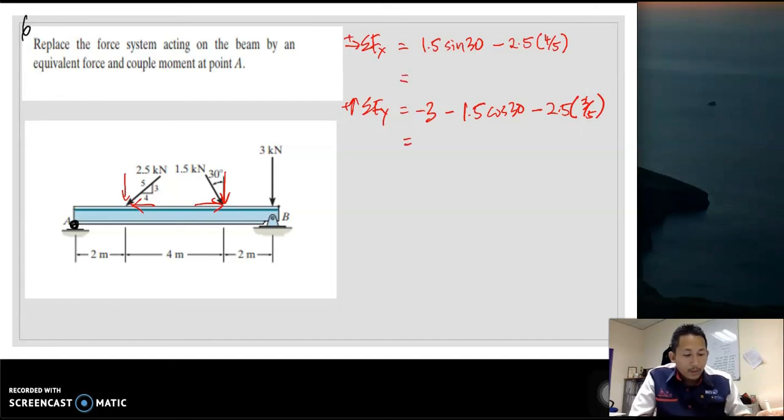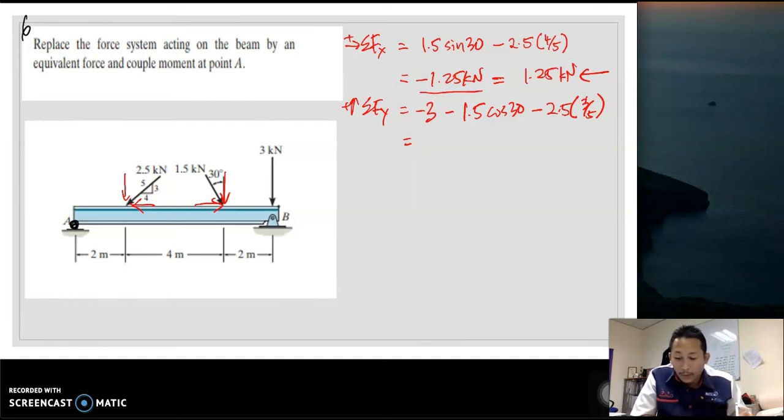So we get from the calculator, we can calculate, and we have the answer negative 1.25 kilonewton. So it is 1.25 kilonewton to the left.